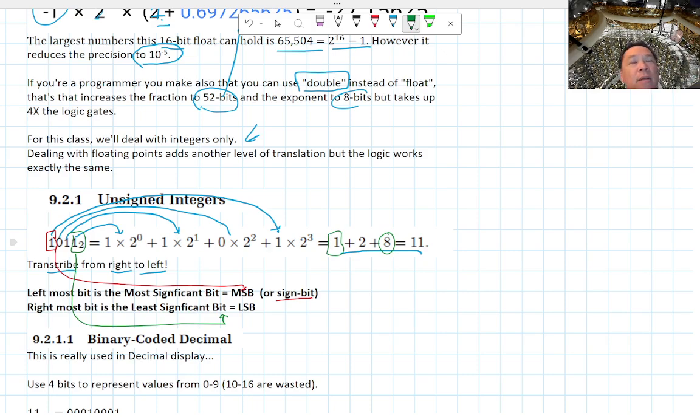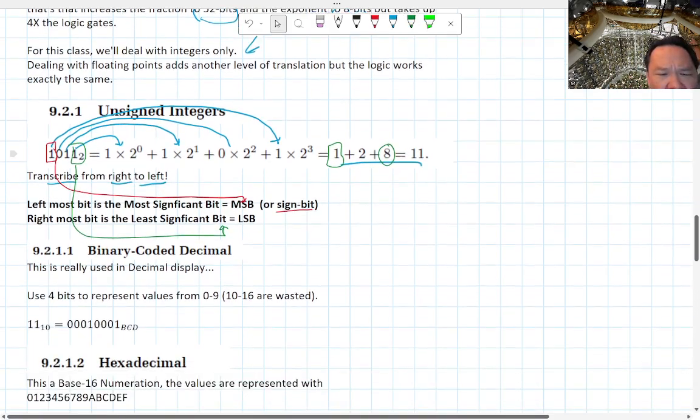So if you got the most significant bit wrong, you would get a 3 instead of 11. That makes a big difference. But if you get the least significant bit wrong, then you get 10 instead of 11, which, you don't want that error, but it's not as important.